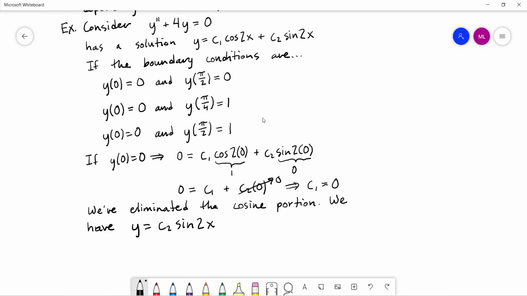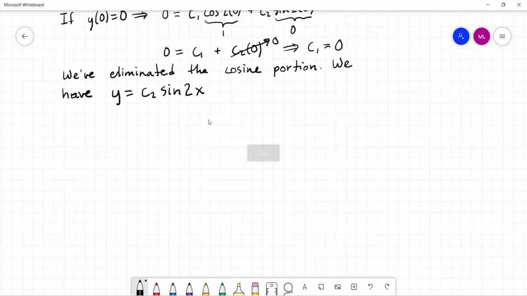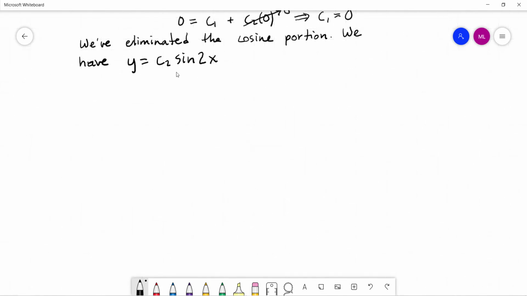That's what we've got left, is just this part of the equation has survived. We already found out c1 is equal to 0, so this part of the equation is gone. This is all that remains. And now let's think about these other conditions. Let's graph this thing, because this will give us some insight. Can we graph a simple sine function? So here's x, here's the possible y values.